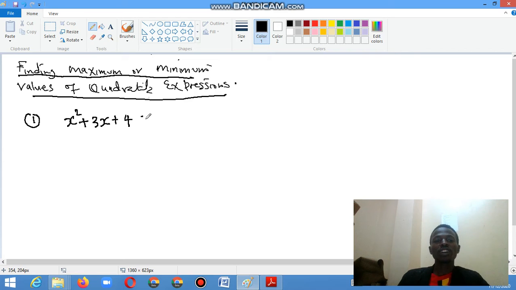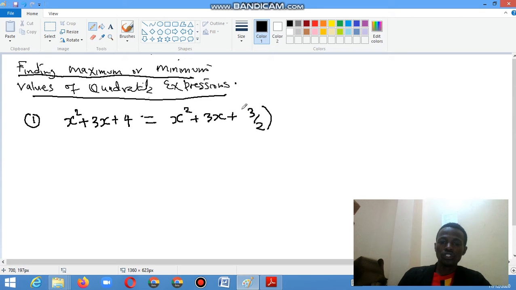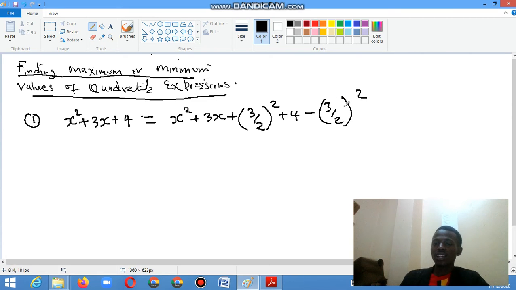So here the first thing you have to do is complete squares. You say this is x squared plus 3x, then plus a half of the coefficient, squared, then plus 4, then minus 3 over 2, everything squared. I haven't changed anything, because this cancels out with this, so the expression is still okay.